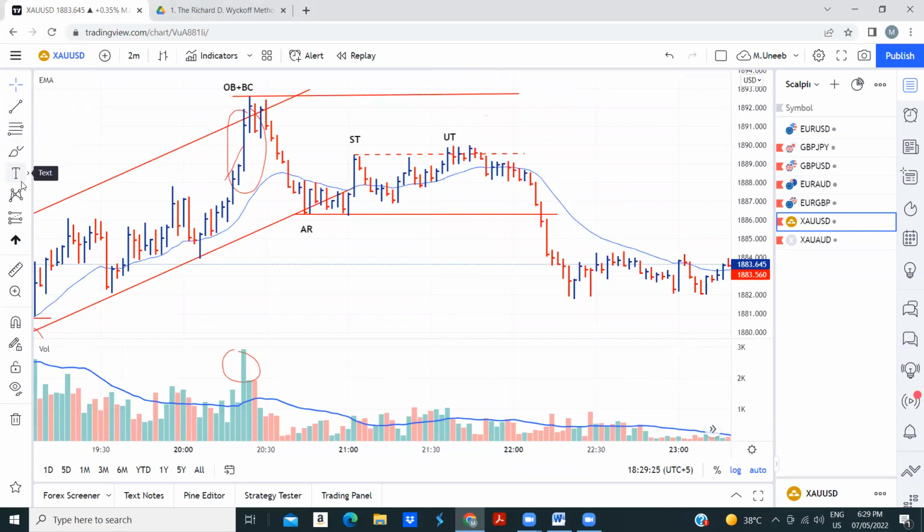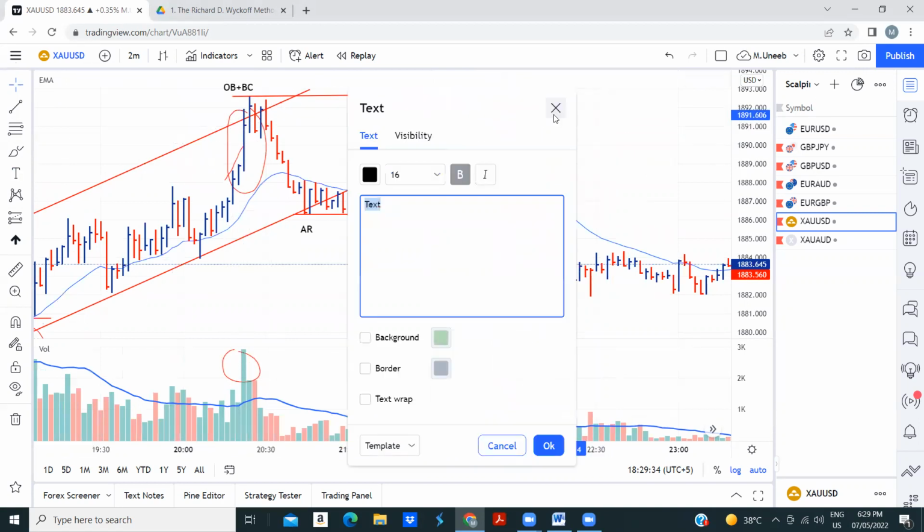Now, you will see one thing during the secondary test, after observing overbought and buying climax. How do we know that we are in a bearish market?